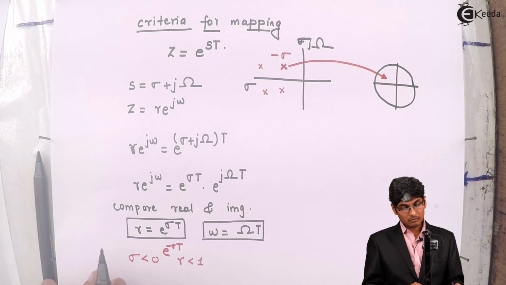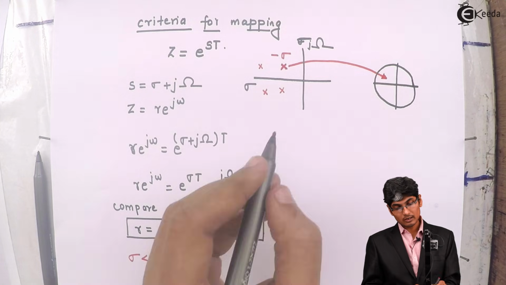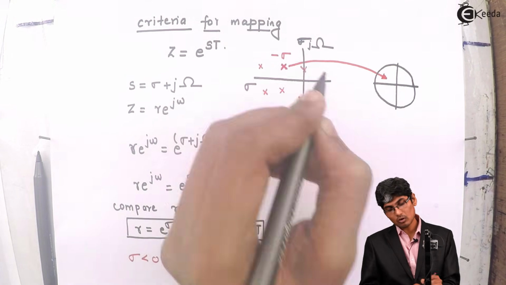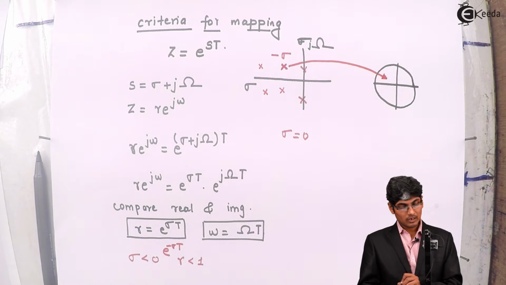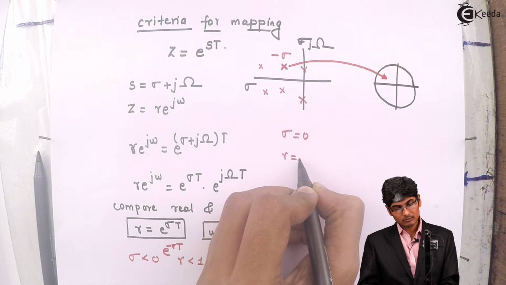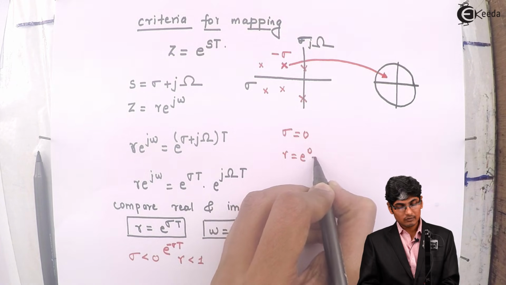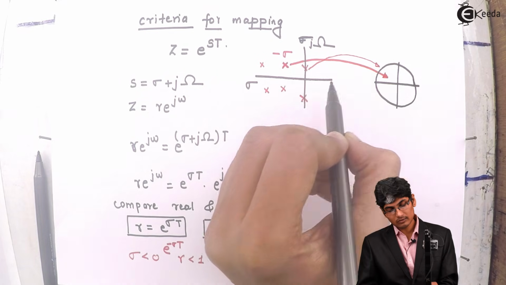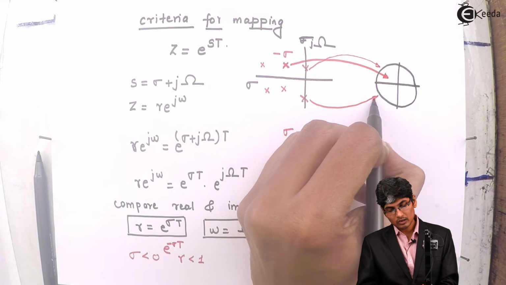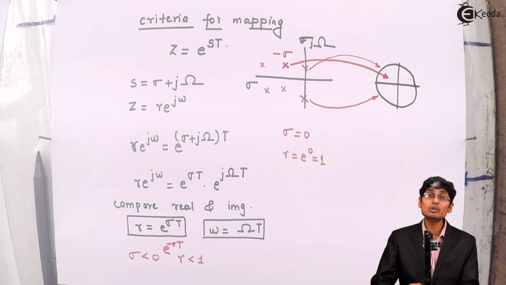Now for sigma equal to 0, that means all the poles which are on the j Omega axis, r becomes e raised to 0, which is nothing but 1. So all the poles on the imaginary axis will get mapped onto the unit circle.